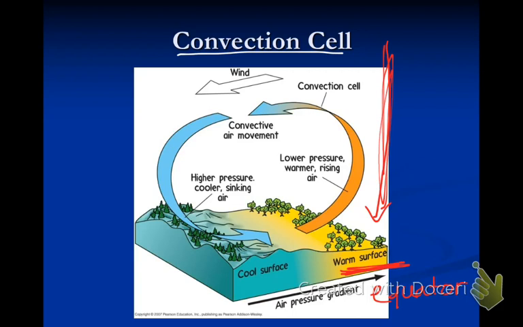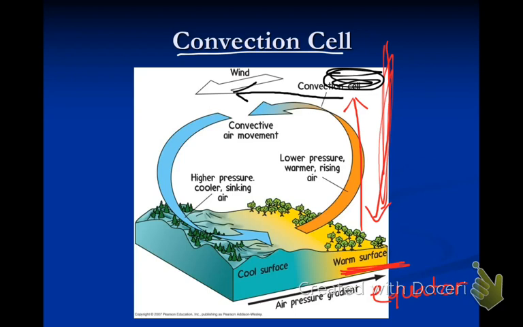Because it's warmer, that hot air is going to rise. The hot air rises, but once it gets up to the top, it has to push the air out. So any air that's up here is going to get pushed away, and so we have the air moving out this way. Because this is the equator, it's actually going the other way as well, but we're just going to focus on one side for now.